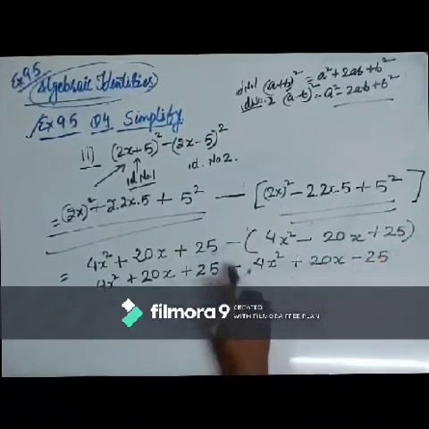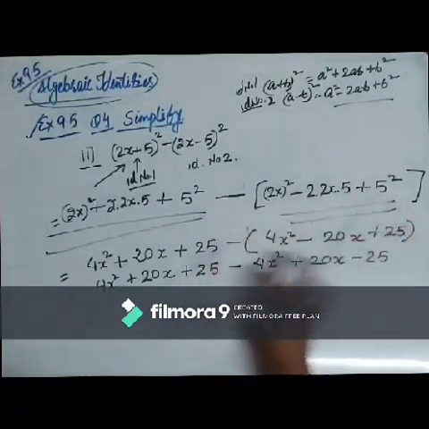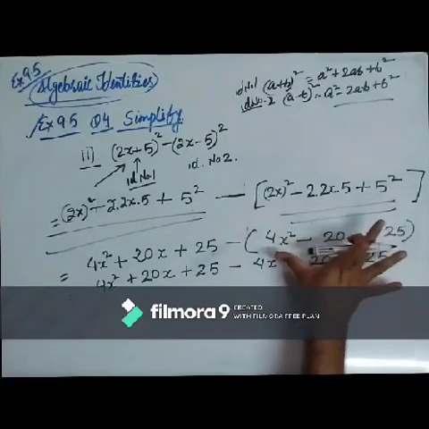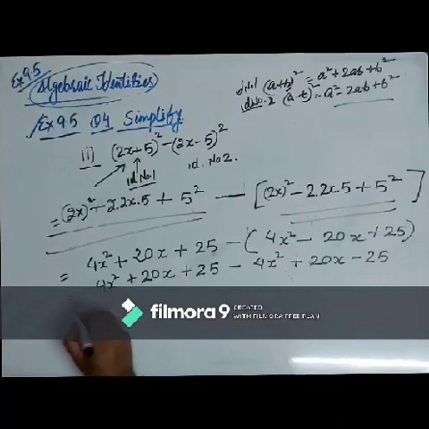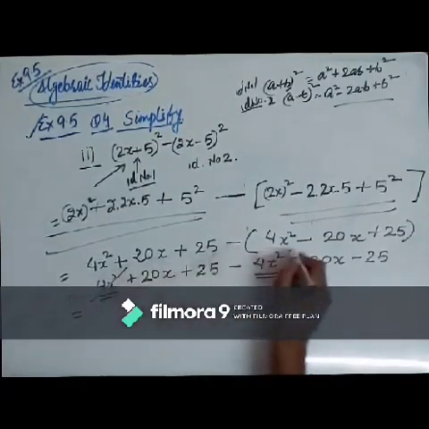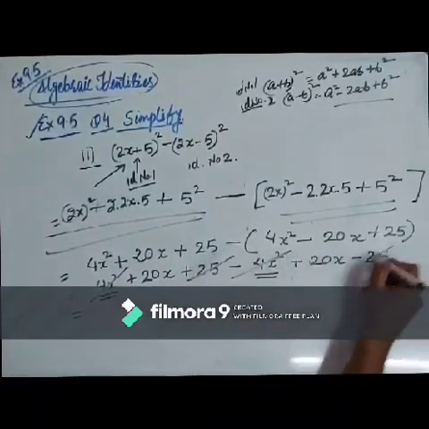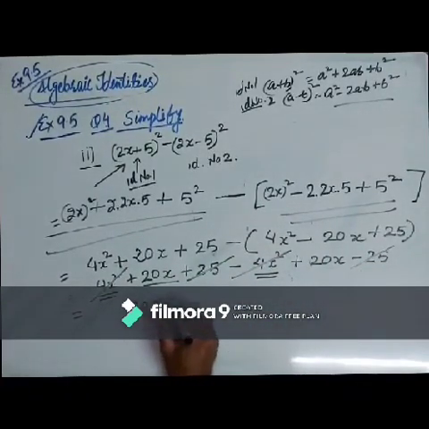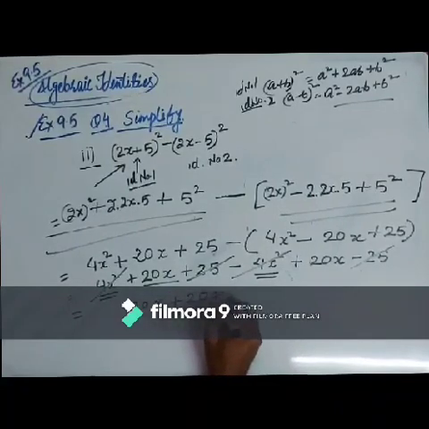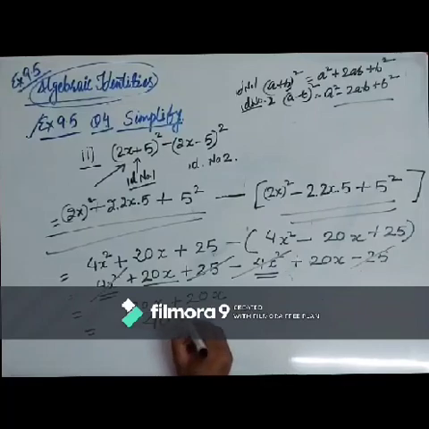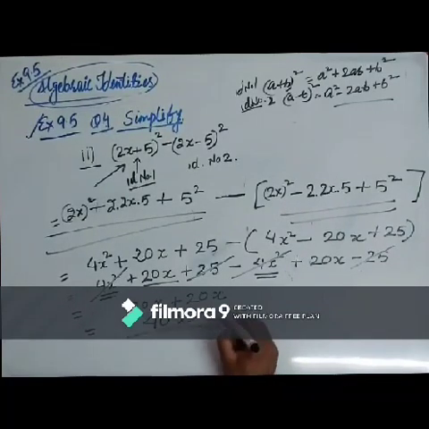No need to explain it. This negative will change all the signs of the second polynomial. So this will be 4x square and 4x square will cancel out, plus 25 and minus 25 will cancel out, and all you have is 20x plus 20x. Your final answer is 40x, right? This is your answer.